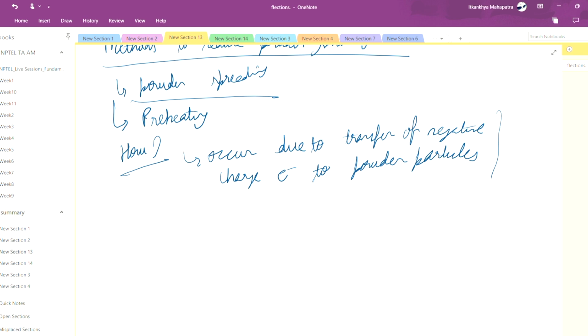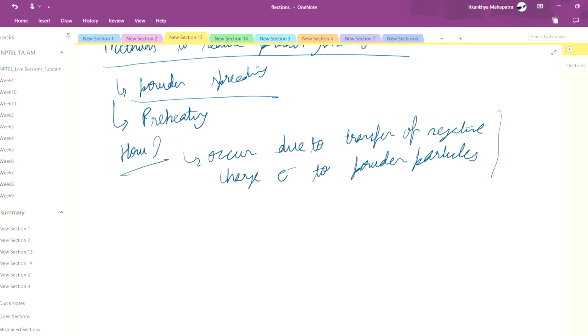The negative charge on the powder particle will cause the effect.